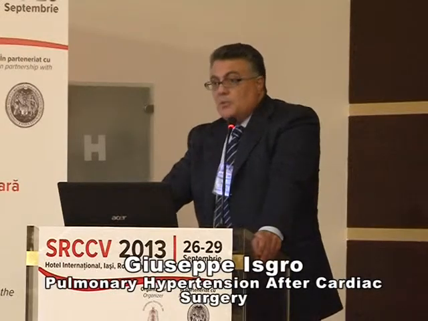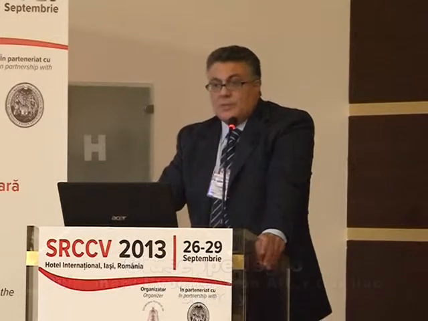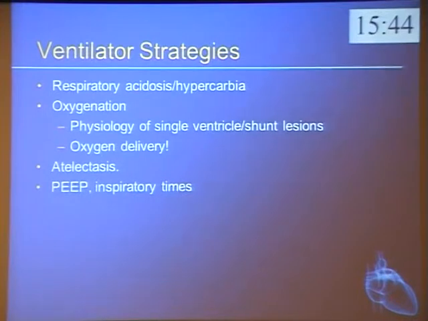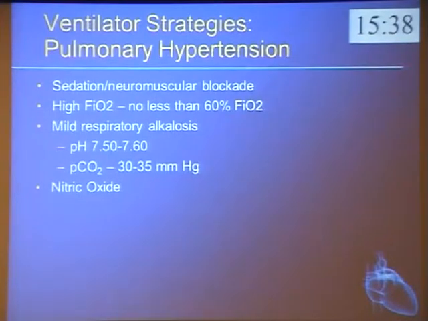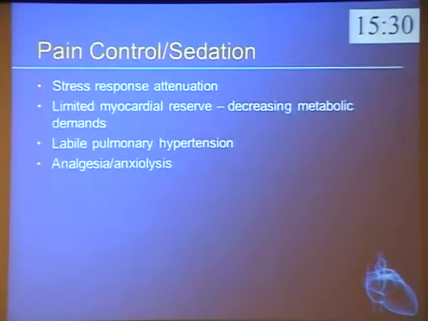And what we can do, we have to apply ventilator strategies, as we know, more oxygenation, prevent atelectasis, and so on. We have to sedate the patient, and we have to use also neuromuscular blockade drugs.